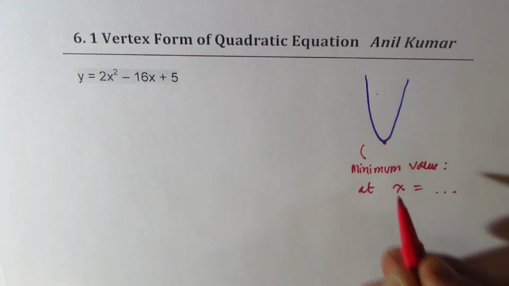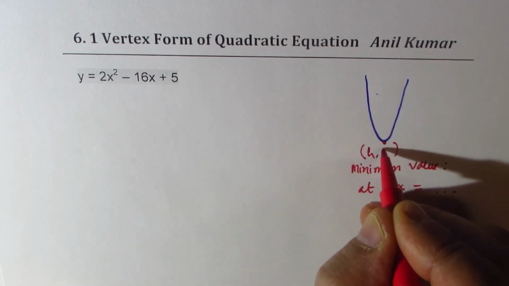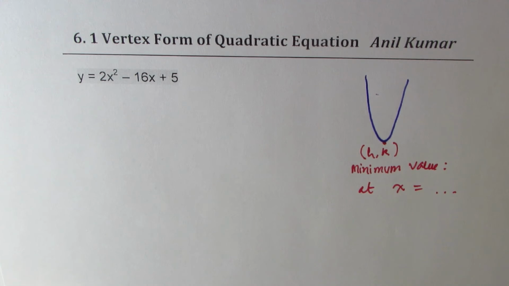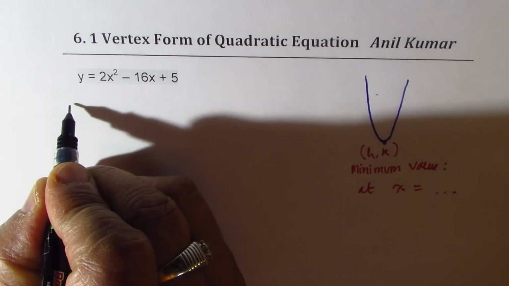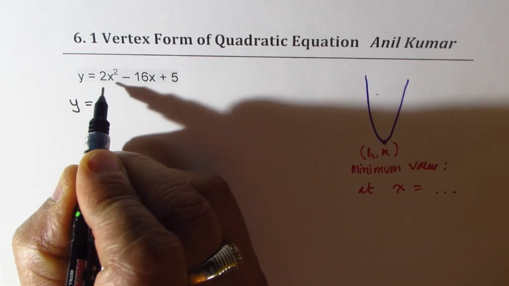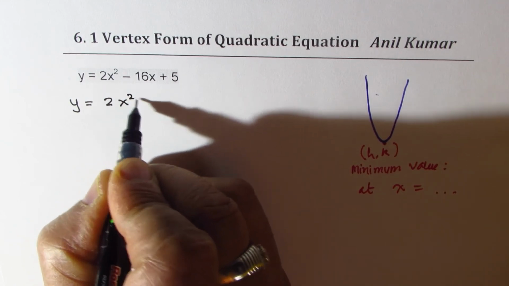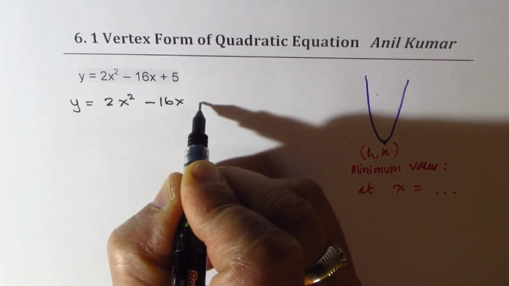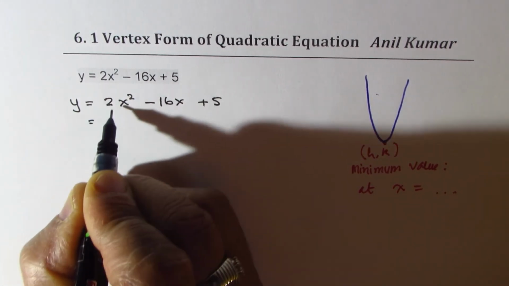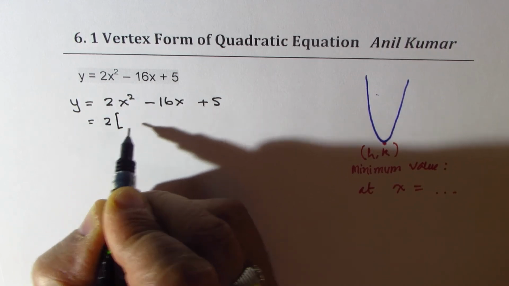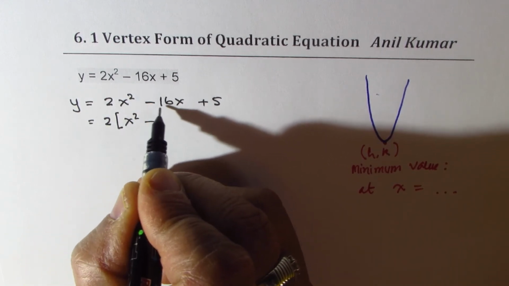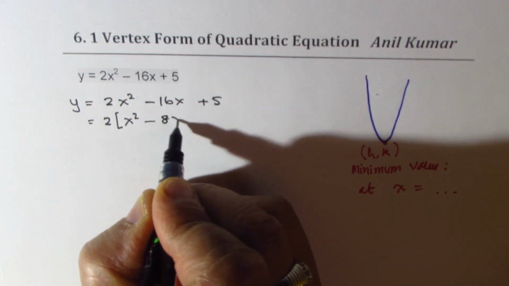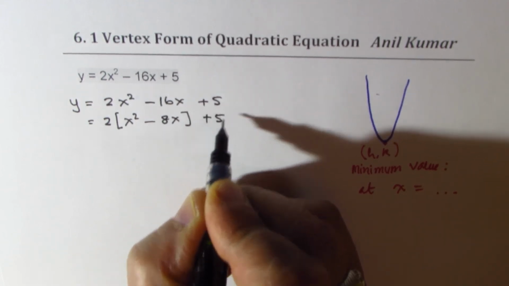In general, we can write this as h, k, correct? So let's apply our method. So we have y equals 2x squared minus 16x plus 5. Factor out the leading coefficient 2 from the first 2 terms. You have to divide 16 by 2, you get 8x plus 5.